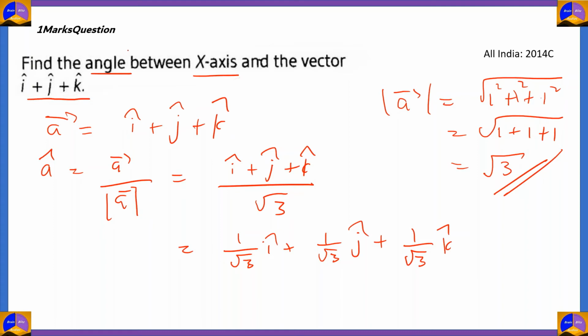Now, the angle between the vector and the x-axis, that angle is alpha. And over here we have a cap, which represents the direction cosines, so Li plus Mj plus Nk.